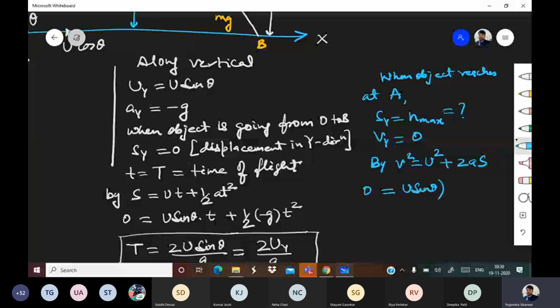So that gives us H max is equal to U square sine square theta upon 2g, and that is nothing but Uy square upon 2g. Uy is the velocity along the y direction, and g you very well know, it is acceleration due to gravity.